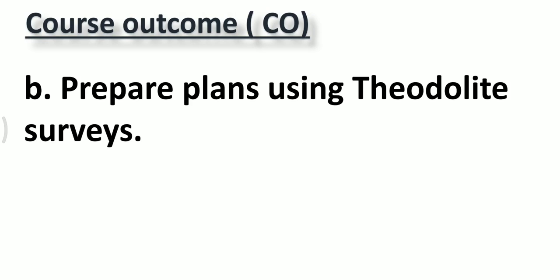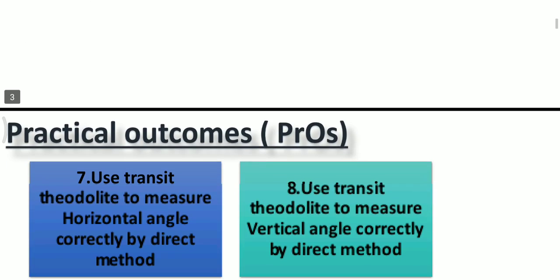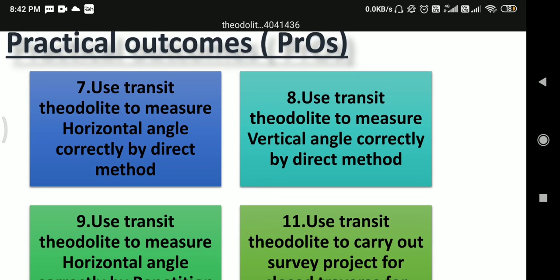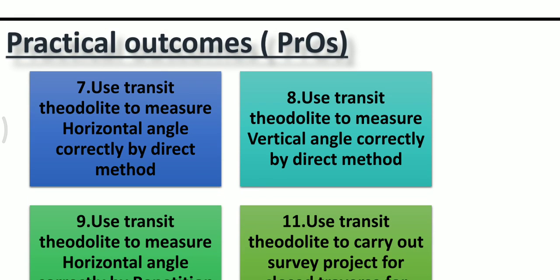Due to these limitations of plane table survey, the next equipment for survey is the theodolite.